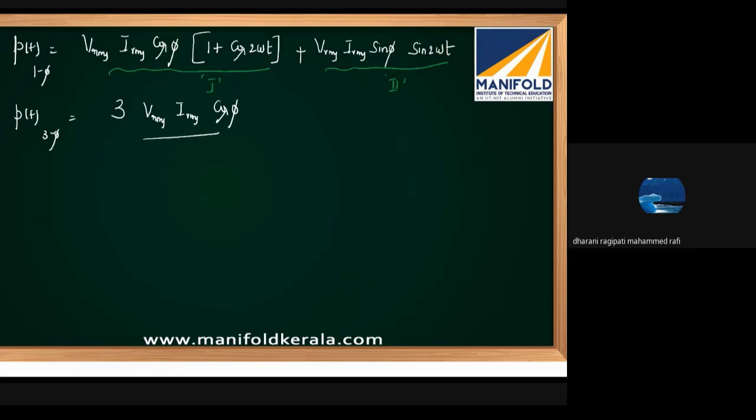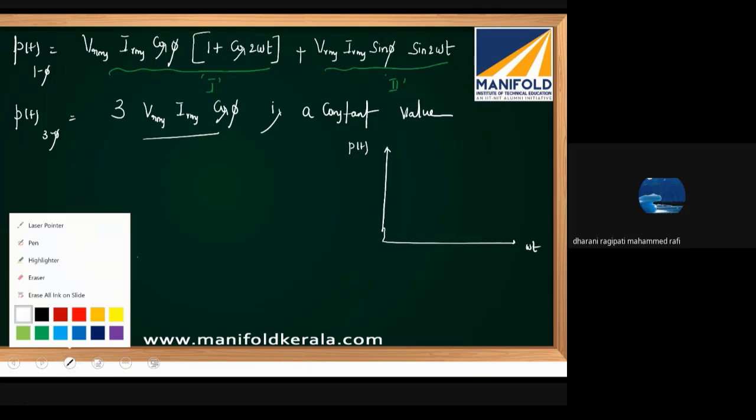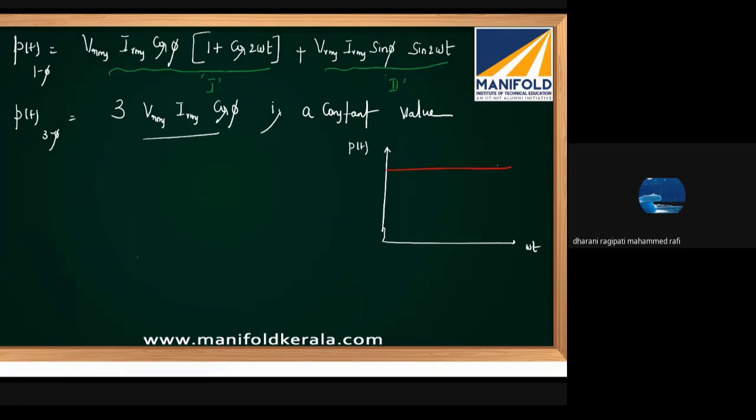It is not a fluctuating quantity like in a single phase system. So if I draw instantaneous power versus omega t, this is a mere straight line whose value is this one.